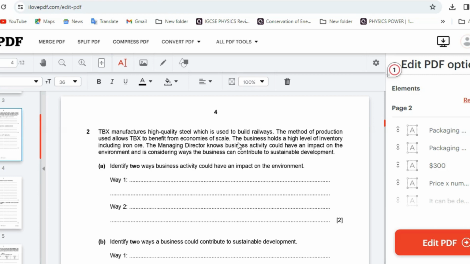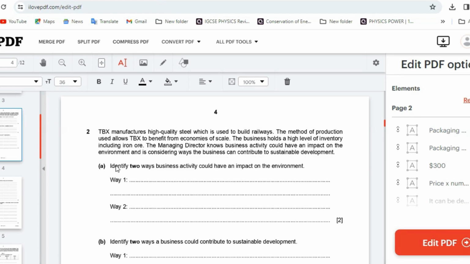The business owns a high level of inventory, including iron ore. Yes, the managing director knows business activity could have an impact on the environment and is considering ways the business can contribute to sustainable development.